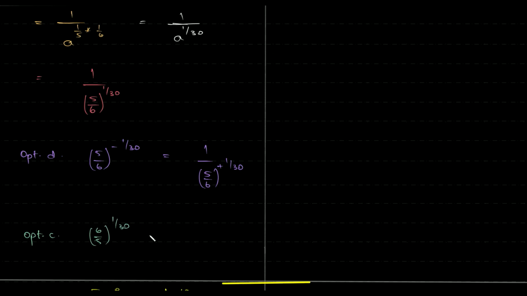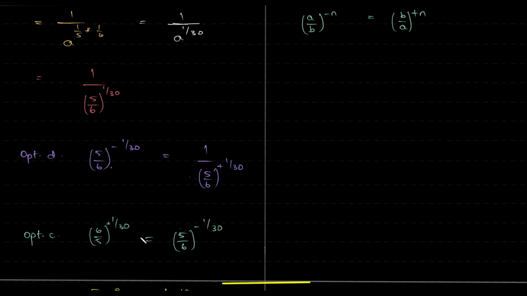As per your rule of 1 by a to the power of minus n, it's also equal to 1 by a to the power of n. So we are going to use one more formula over here. The formula being this, let me write it: (a/b) whole to the power of minus n is (b/a) whole to the power of plus n. In that sense (6/5) whole to the power of plus 1/30 will also be equal to (5/6) whole to the power of minus 1/30, which is same as this, which is same as this.